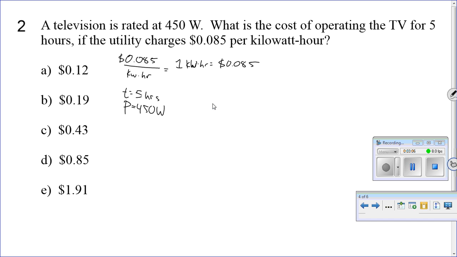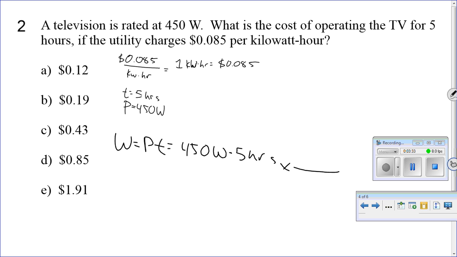Okay. Wow, you guys, I am really sorry here. Okay, so look. So we've got 450 watts for 5 hours, right? So the work that we're going to do is power times time, right? Okay, so our power is 450 watts times 5 hours. So that's some number of watt hours, right? Does that make sense? All right.